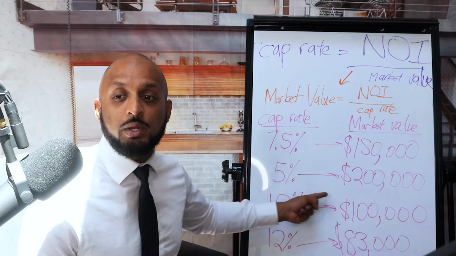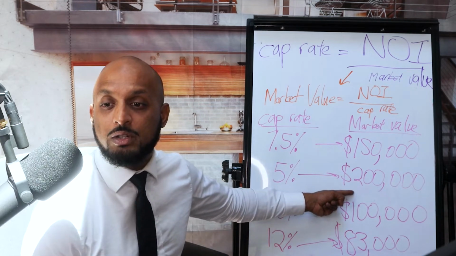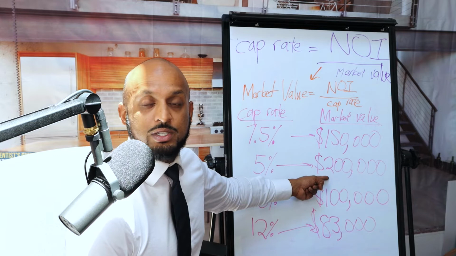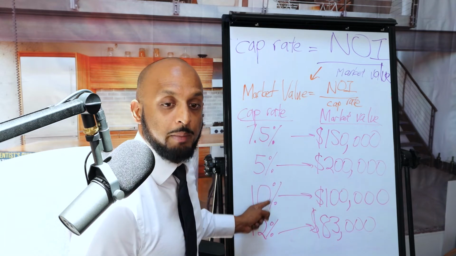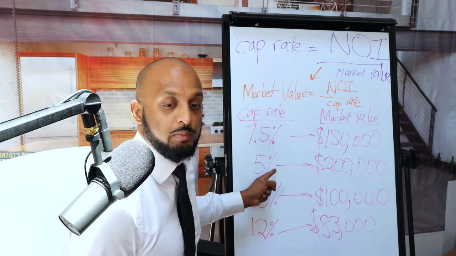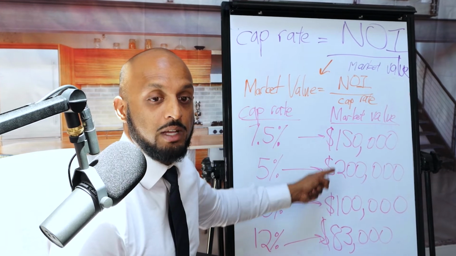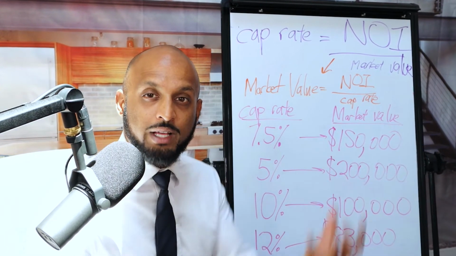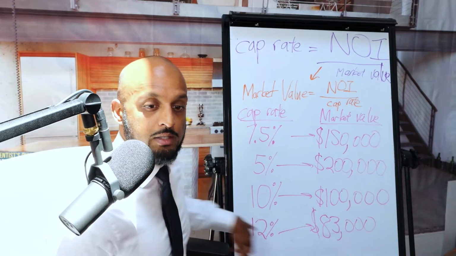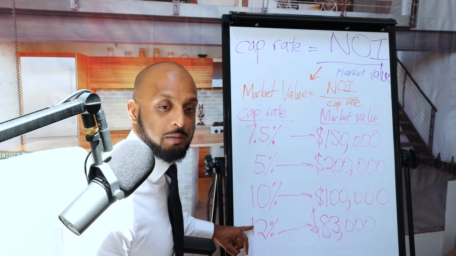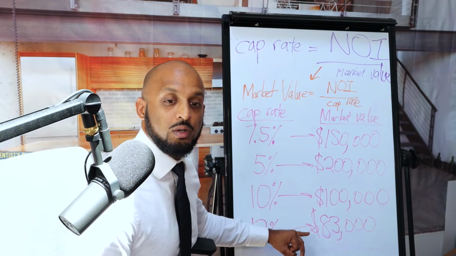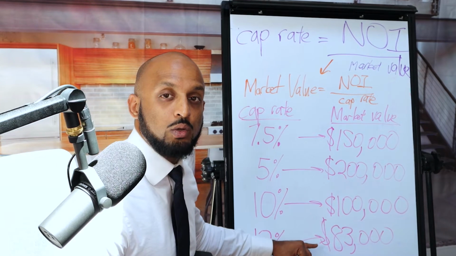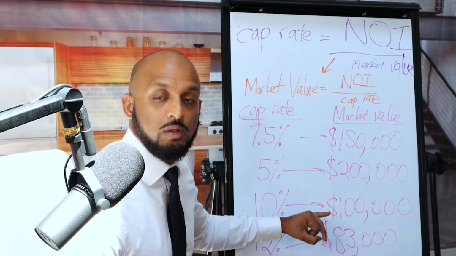Now that property is worth $200,000, even though the net income hasn't changed, it's still $10,000. The cap rate went from 10% to 5%, it's halved, and the value has doubled. So you can see that directly inverse relationship. As another example, if the cap rate is above 10%, about 12%, then the value is worth $83,000, so the value is even below the $100,000 mark.